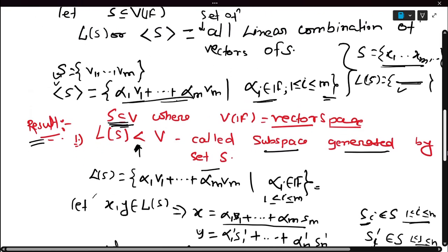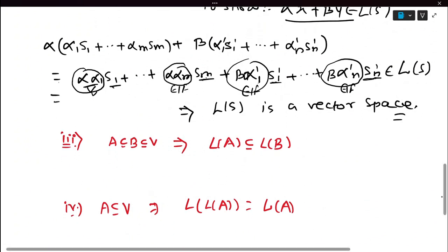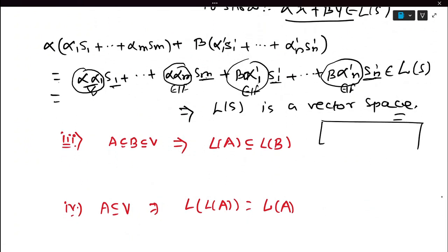Okay. Now we also define here, this is a definition. So L of phi, the linear combination of this set, is the zero vector because there is no element in the empty set.